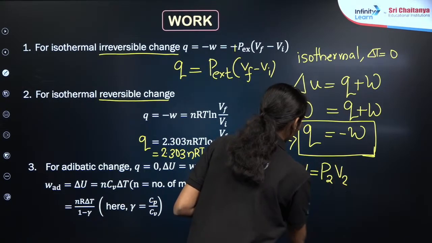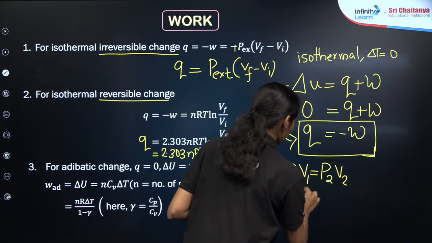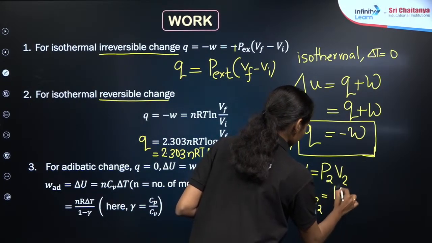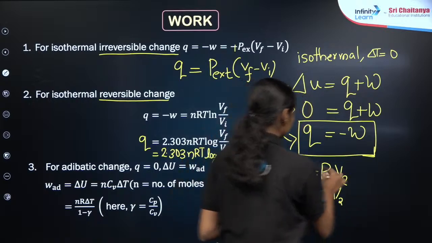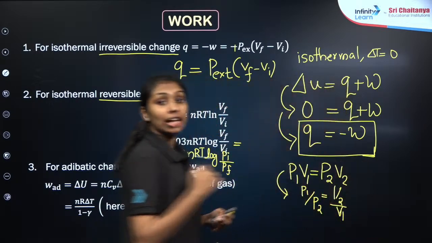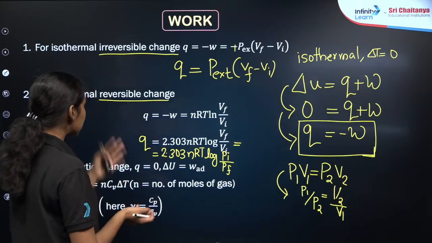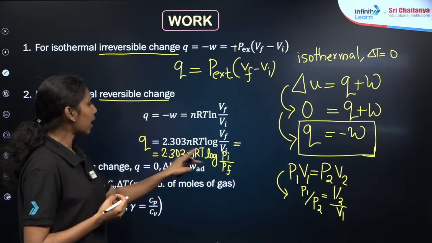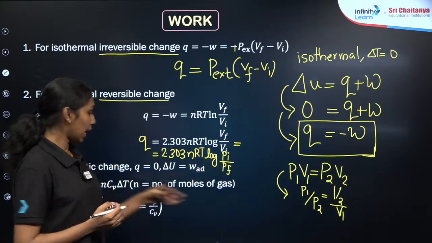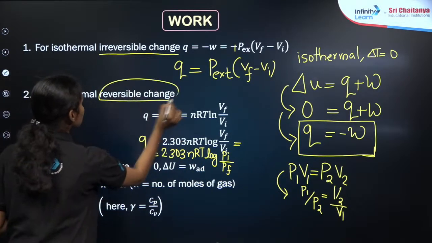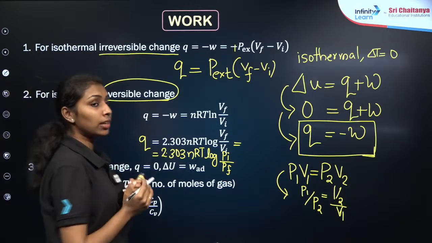From this, P1 by P2 is equal to V2 by V1. So the same expression in terms of pressure is 2.303 nRT log Pi by Pf. This will be the expression for the isothermal reversible change.